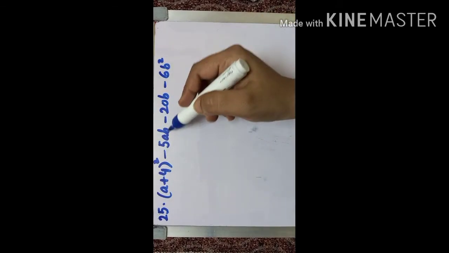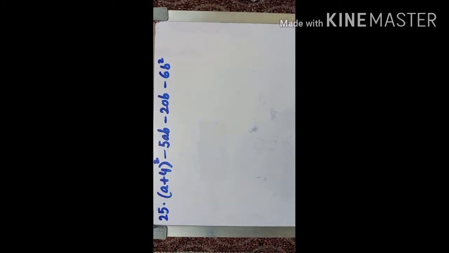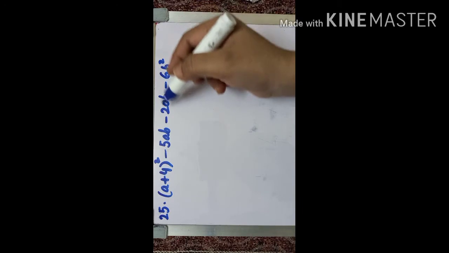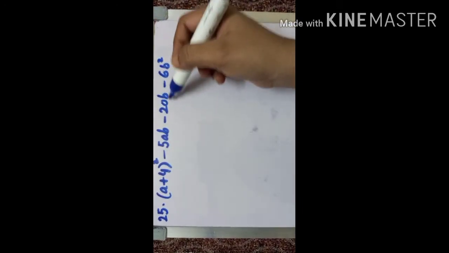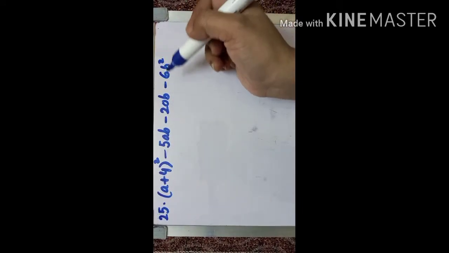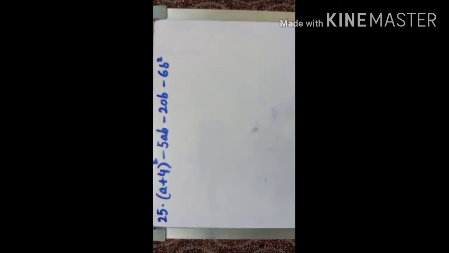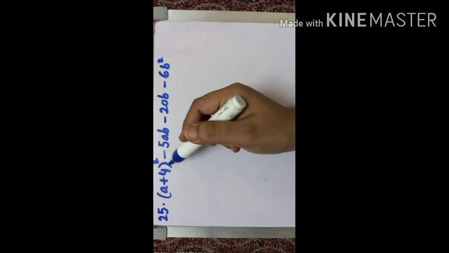Now what can you do with these three terms? Let us try to make something out of them, so that if we can take something common and get a + 4 once again, then it will be very easy to take a + 4 equals x.